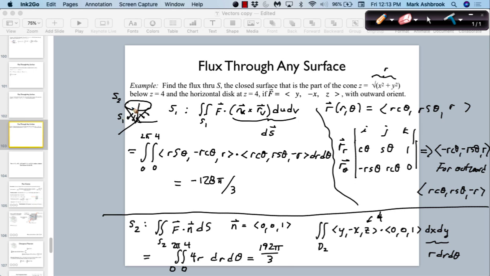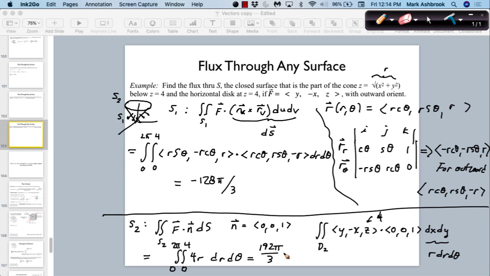Yeah, they do, because when we project both of those into the xy plane, we get the exact same projection. So the limits will be the same. Okay. Yeah, so it should be 0 to 4. You're right. The limits are always about the projection into the plane. So since you get the same projection, you get the same limits. That's a good observation. Okay, this one turns out to be 192 pi over 3.